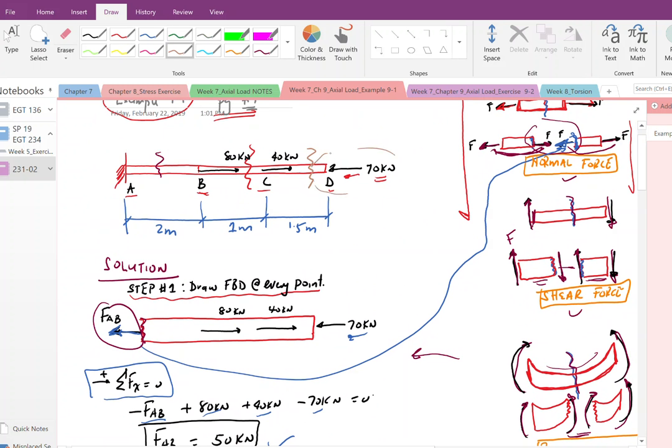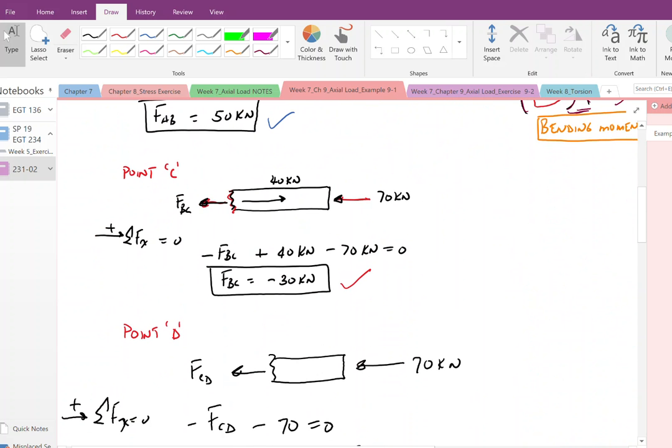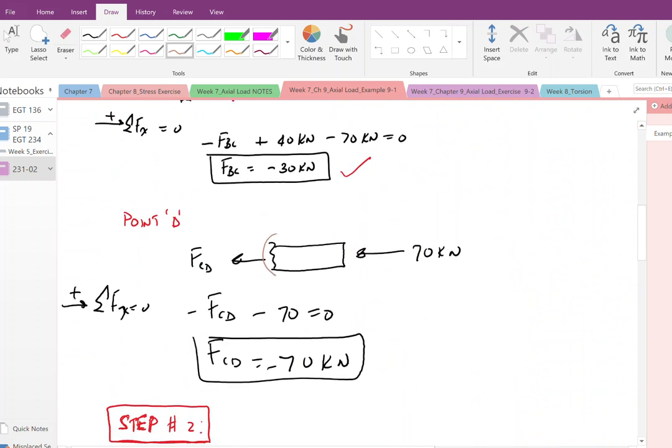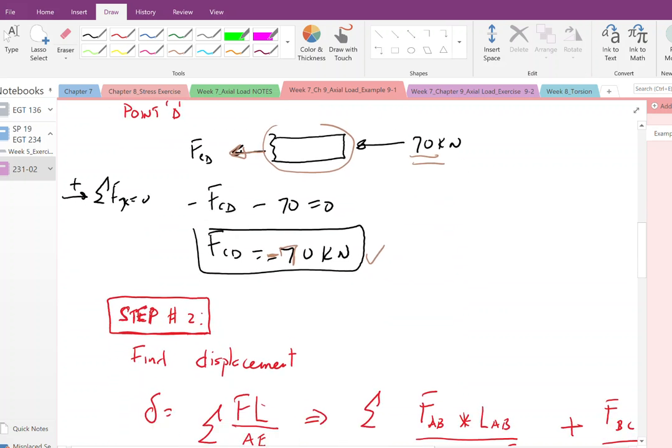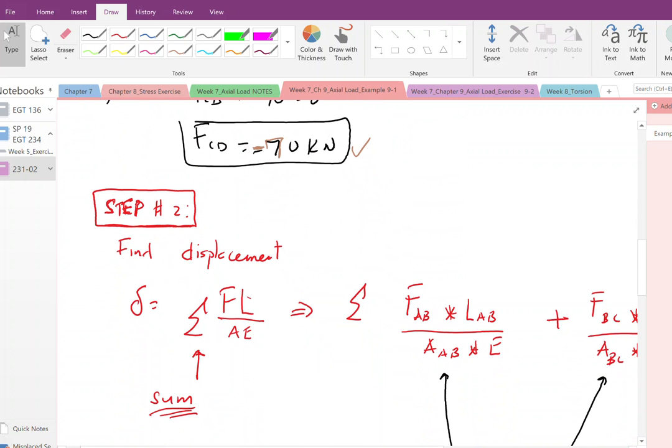And you just grab this component. You see that here. This is what we're talking about here. And here's our FCD, 7 kilonewtons. We do the math, you get negative 70 kilonewtons.